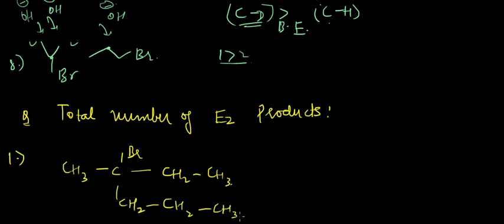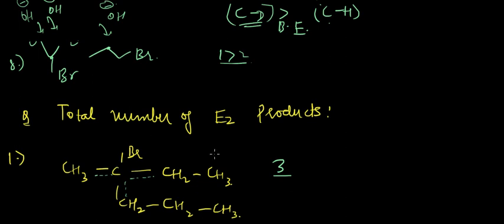So what is the total number of E2 products that can be formed? Obviously one is a double bond here, another is a double bond here, and another is a double bond here. Is there any other possibility? No, then 3 is the answer here.